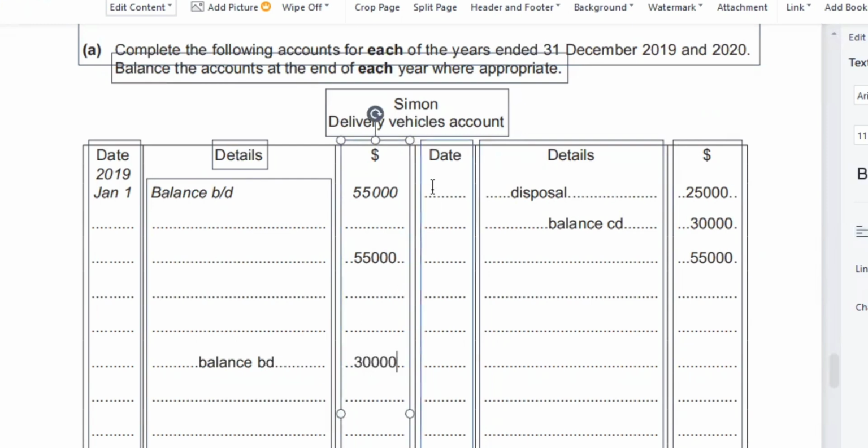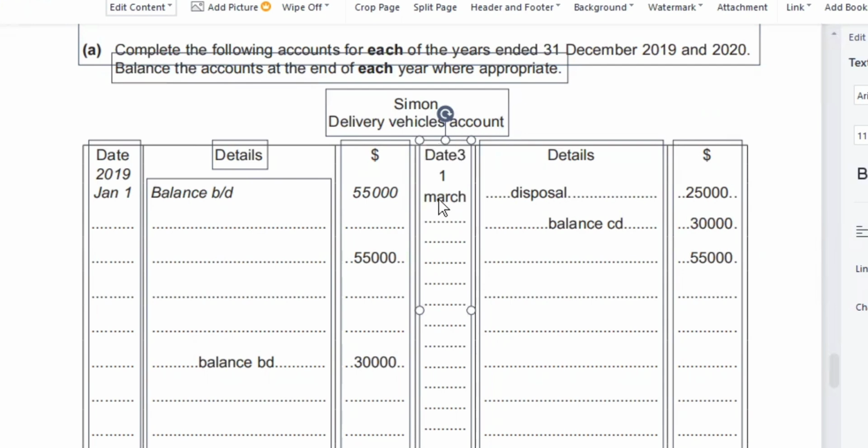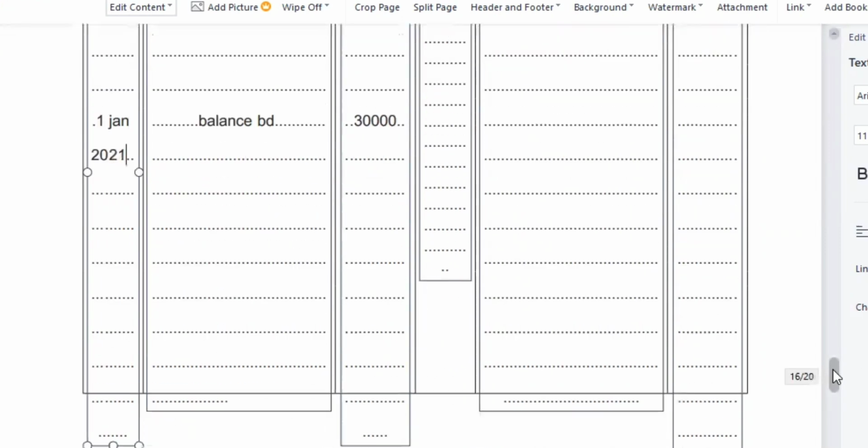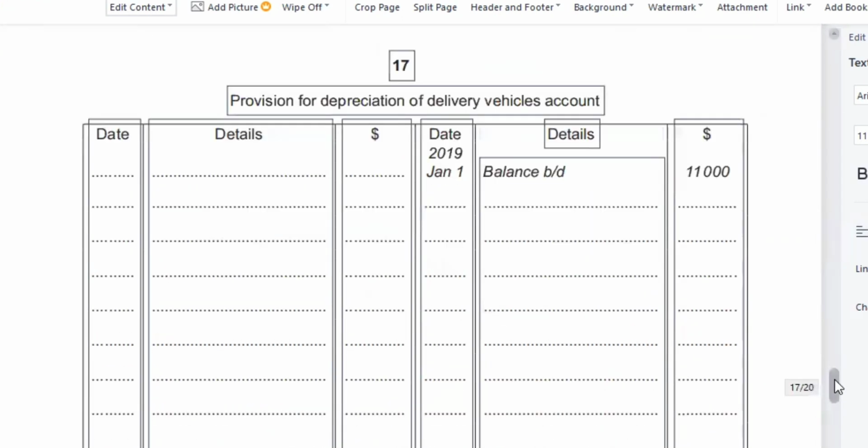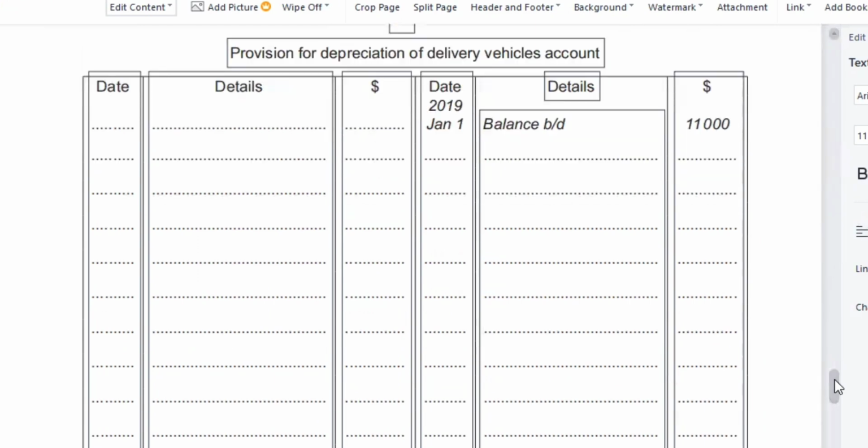Dates are very important, so we have to write 31st December and 1st January 2021.